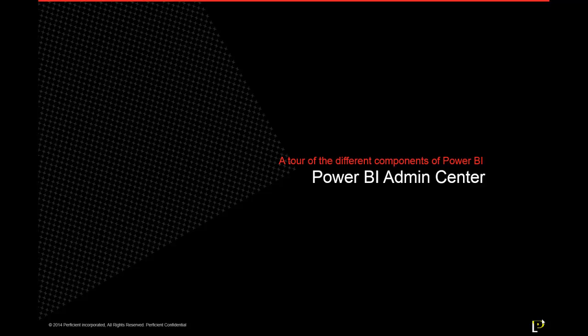The Power BI Admin Center is not the place that most of your typical users are going to go on a daily basis. This is going to be geared solely towards either your power users or your IT personnel that are in charge of establishing connectivity between Office 365 Power BI and your on-premise data.